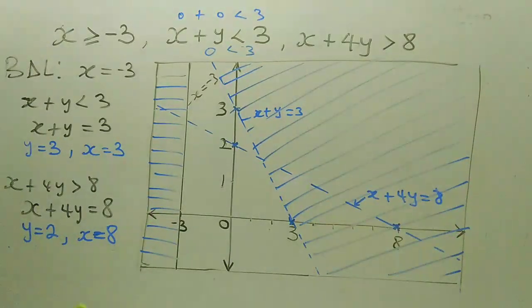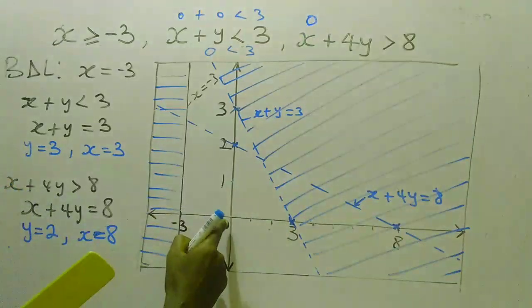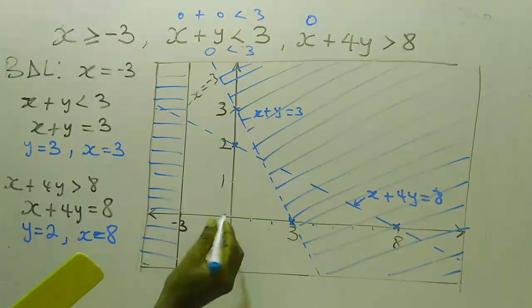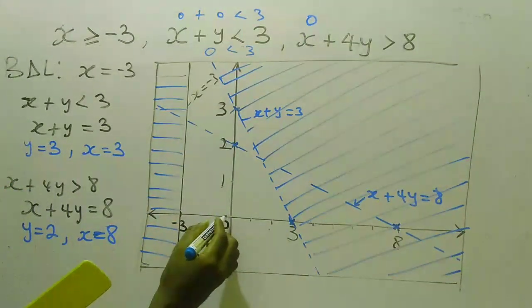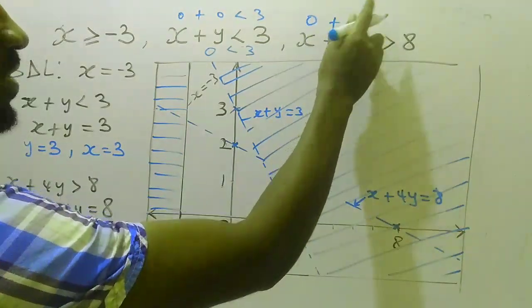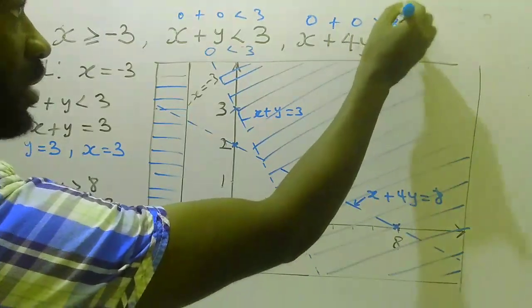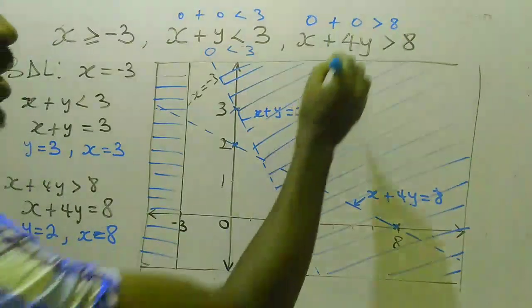Remember, I said that the boundary line is the demarcation between the accepted region and the rejected region. Now let's check how valid this is. If x is 0, remember we always use the origin, where x is 0 and y is 0. So if x is 0 and y is 0, that will give us 4 times 0, which is 0, and having 0 greater than 8.